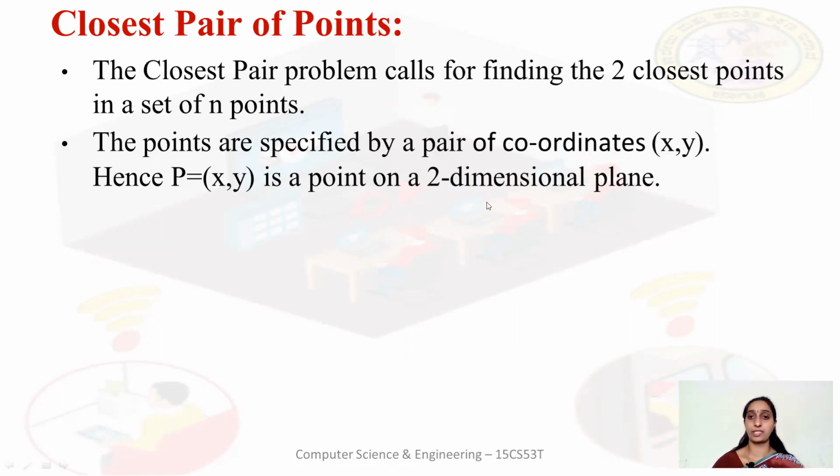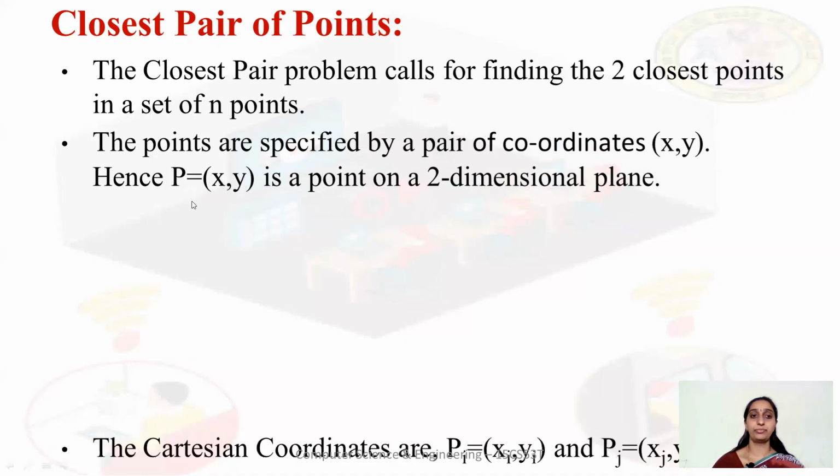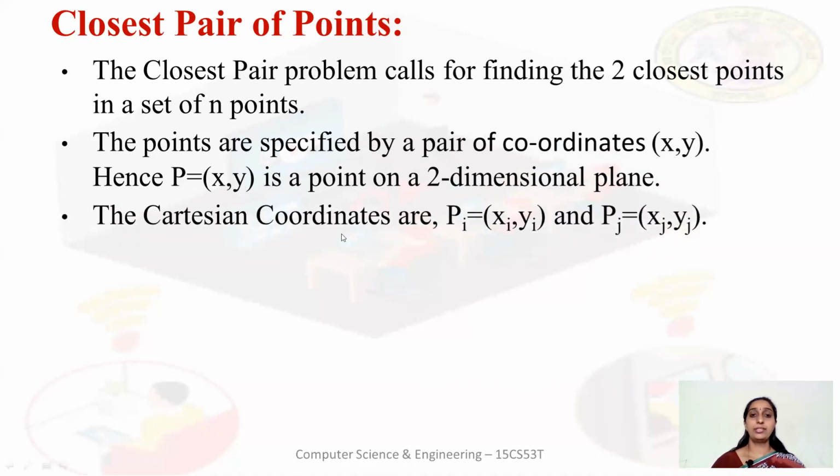This is because these points are 2-dimensional points, that is, they are represented on the plane. Therefore point P is equal to x, y. The Cartesian coordinates are Pi is equal to xi, yi, and Pj is equal to xj, yj.